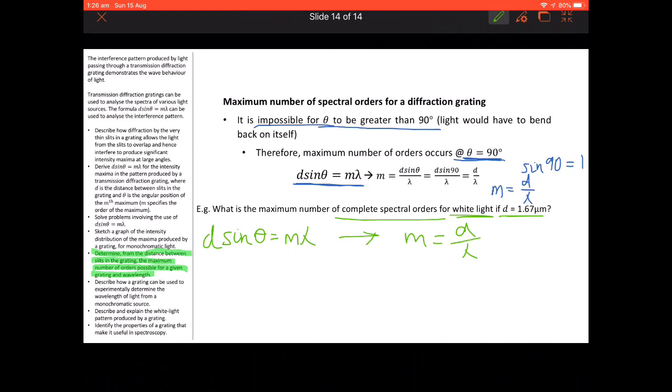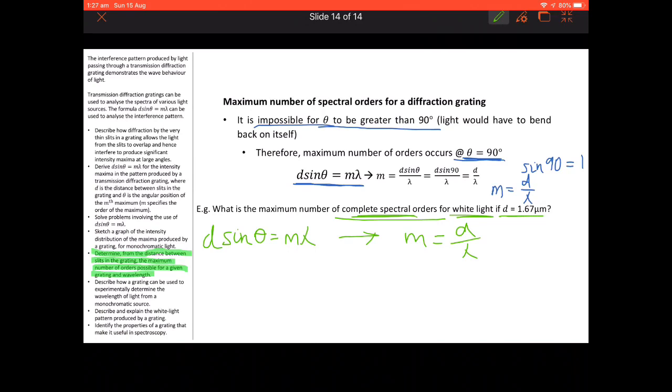Because we're talking about white light and the maximum number of complete spectral orders, we want to think about the longest wavelength in white light, because as we discovered in the previous example, the spectral orders overlap.